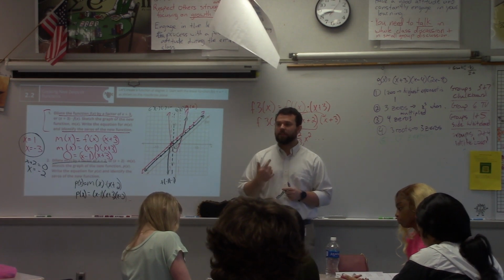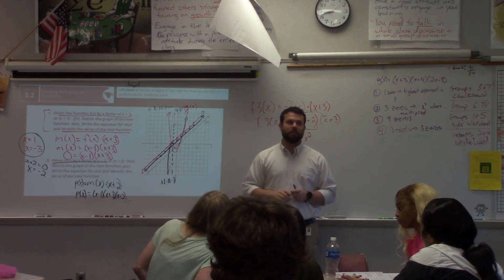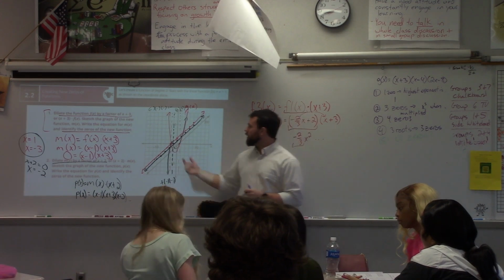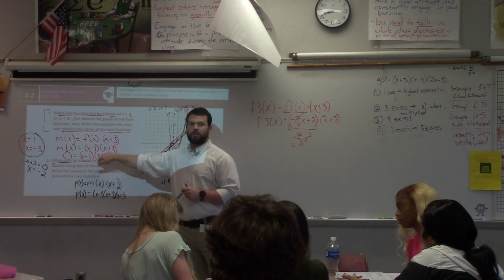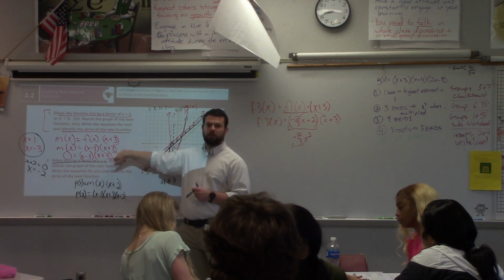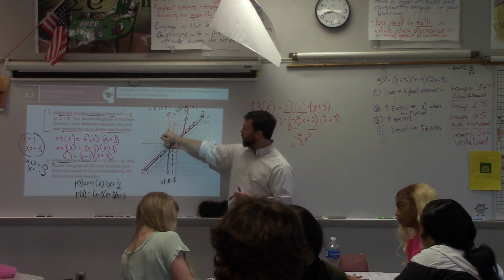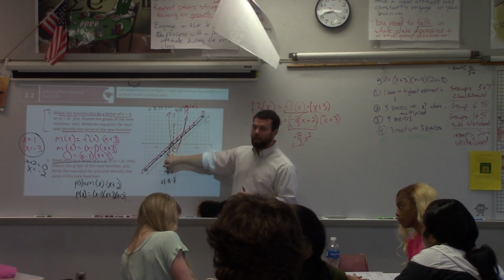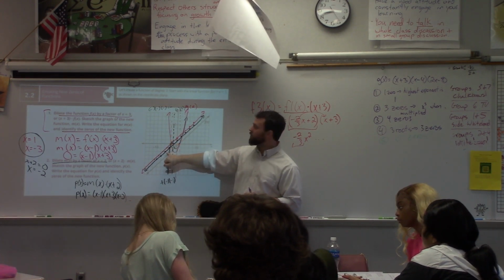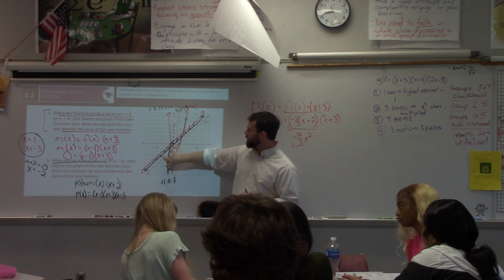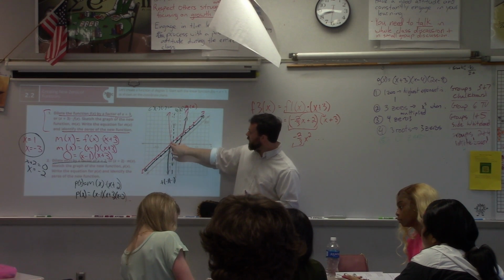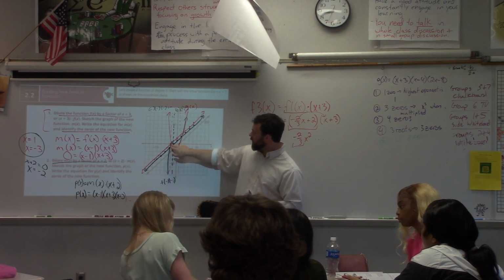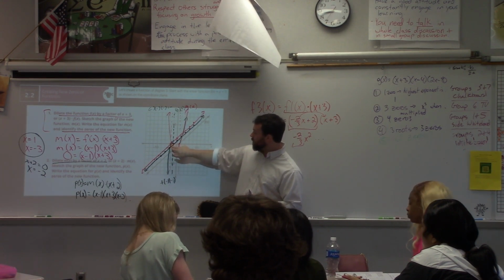I will point this out though. We could have made our lives a little bit easier. This red parabola, wasn't that already the x minus 1 times the x plus 3? So if I had taken the red parabola and multiplied by my new line, it should have given me the same exact values. What's a positive times a negative? See how all those values are negative? Then here, looking at the red parabola, these values are negative, and the black line has negative, and what's a negative times a negative?